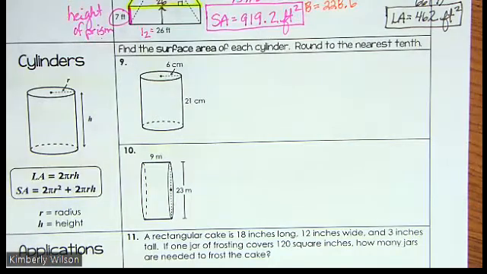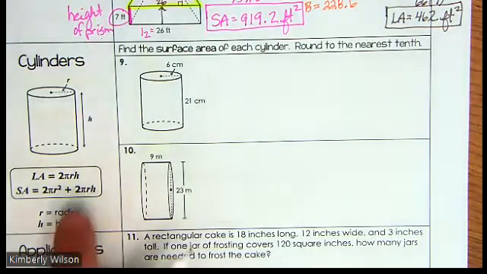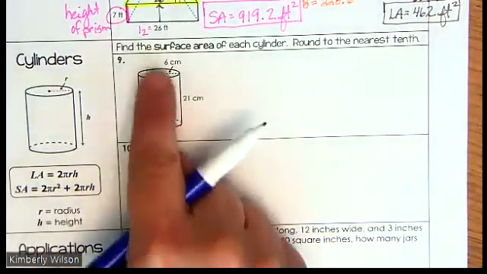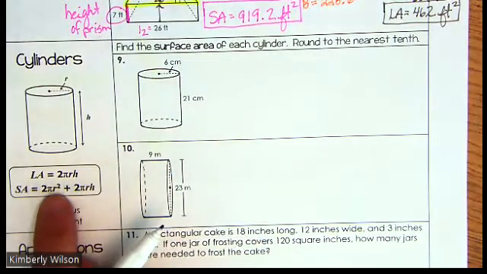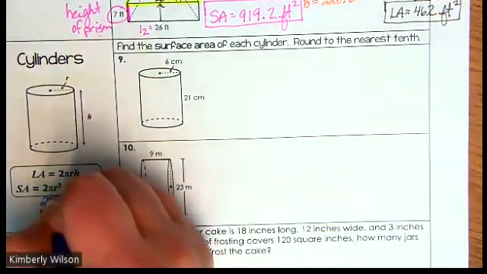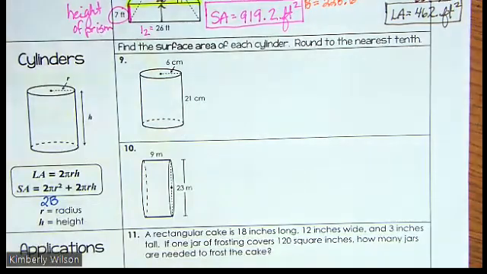formulas here, but guys, in all essence, it is the same thing, because when you're looking at this right here, you have 2 bases that are circles, correct? How do you find the area of a circle? Pi r squared. So this right here is representing the 2b.